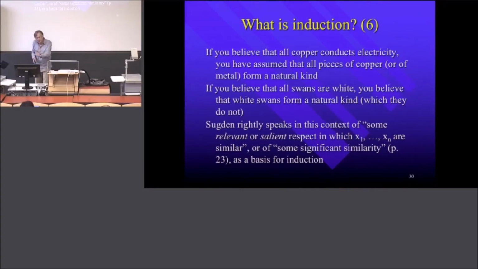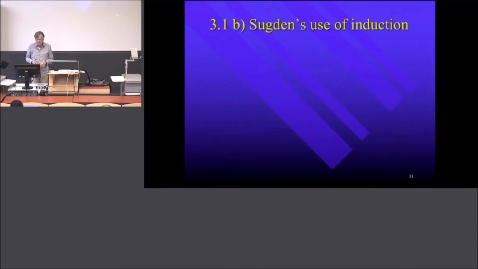And you can make it a little more precise by saying that this fundamental similarity, this relevant or salient respect, is the basis for these objects forming a natural kind, and that then justifies to some degree inductive inferences. Okay, so this is Sugden's view of induction, which is basically correct about this salient, relevant similarity as the basis for inductive inferences within that natural kind.